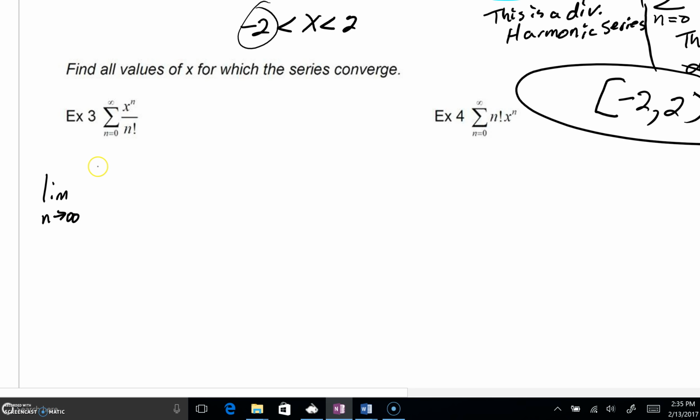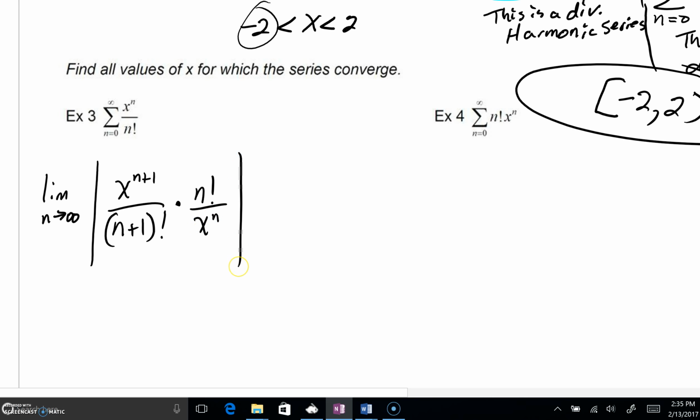The limit is n goes to infinity, and we can say the n plus 1 term, that's x to the n plus 1 all over n plus 1 factorial. And of course, I can divide by this nth term, but it's just as good to say that it's multiplying by the reciprocal of the nth term.